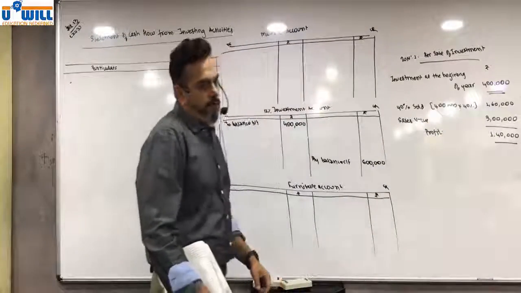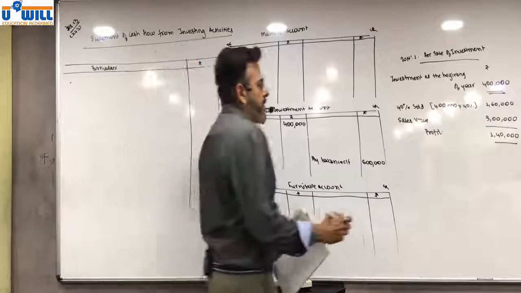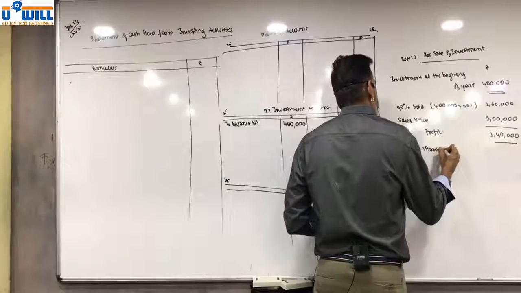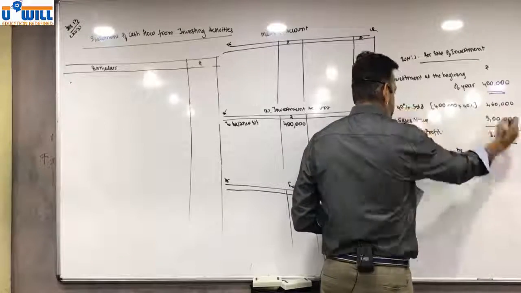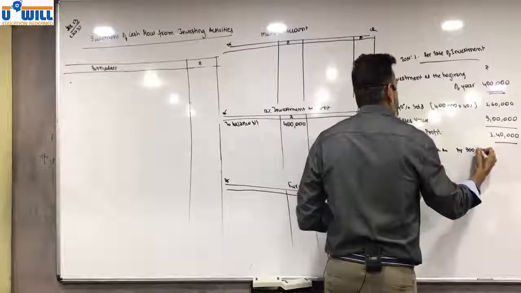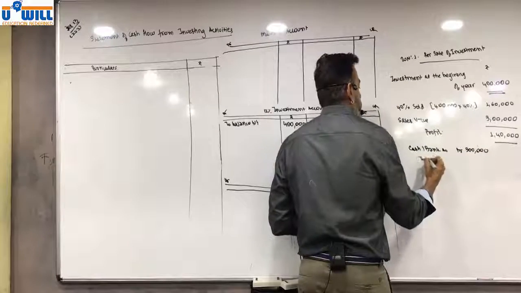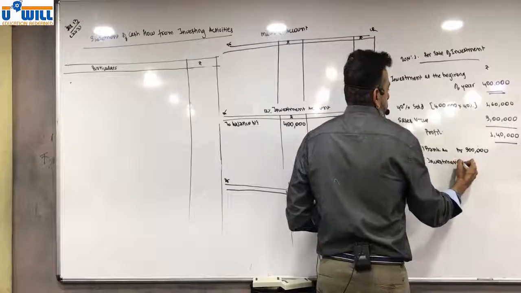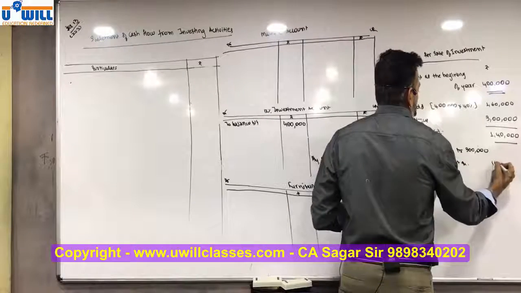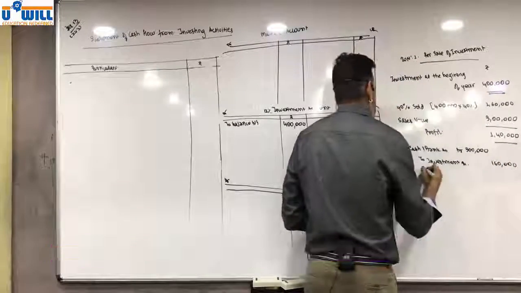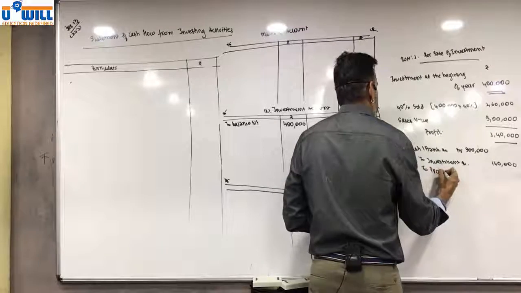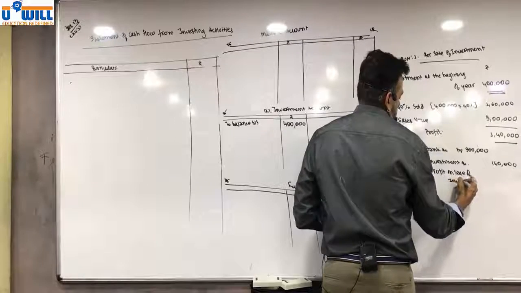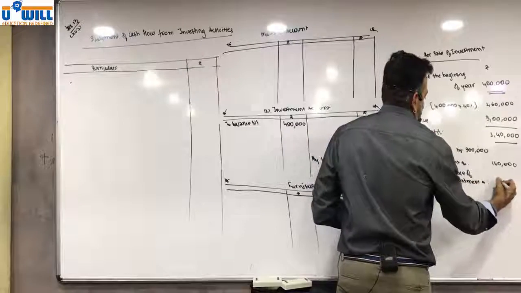Write a journal entry for this. Cash or bank account debit 3 lakhs. To investment account 1 lakh 60,000. And to profit and loss account or profit on sale of investment 1 lakh 40,000.